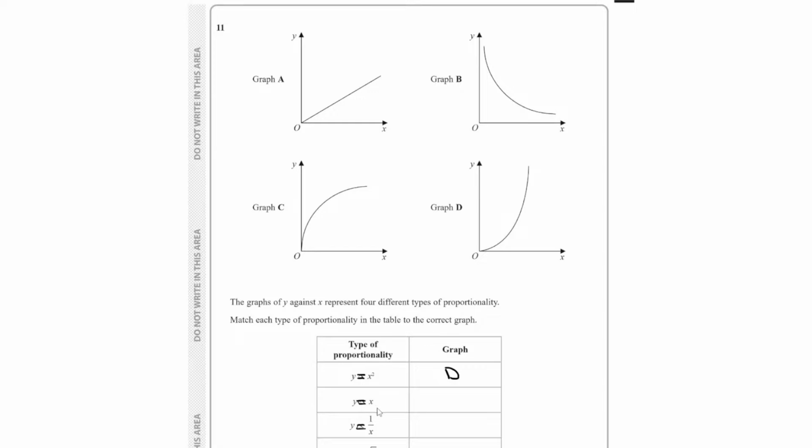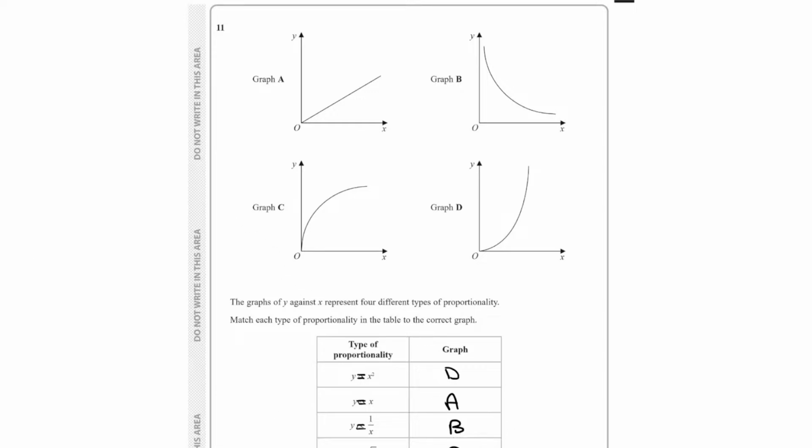The second one is just linear, as in a straight line. And the only straight line here is A. Again, there's no kind of plus C is there, so it's going through 0. And the third one is a reciprocal graph, which you should recognise is B. Now, the last one, the graph of the square root of x, that's not on the syllabus to learn, but because the other 3 are, you just effectively use process of elimination.